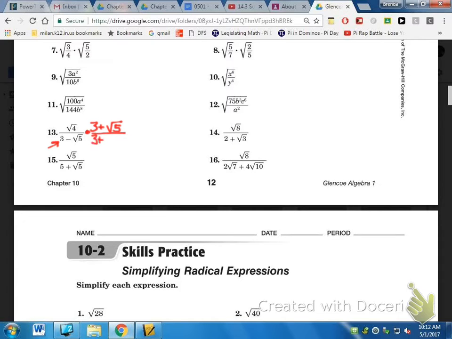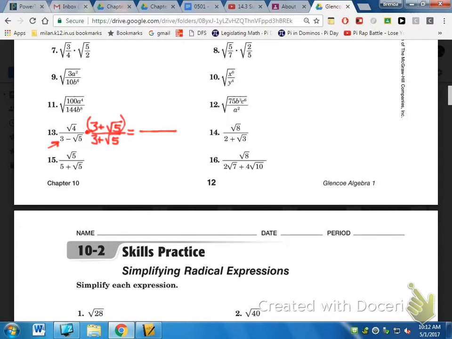So 3 plus radical 5. Okay, so you multiply top and bottom by those same two terms, just change the sign, and I think you'll see what happens here in a minute. So if I deal with the top, it's going to be a distributive property with radical 4 through that expression.